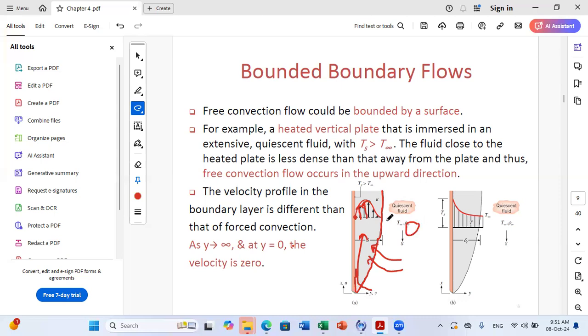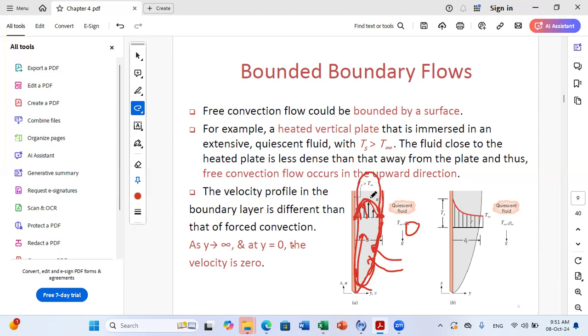Between these two points, here you have the no-slip condition, zero velocity, and here also zero velocity. In between, because you have air motion, this leads to an increase in velocity, then a decrease in velocity. Air will move within a small region called the boundary layer, due to buoyancy effects.